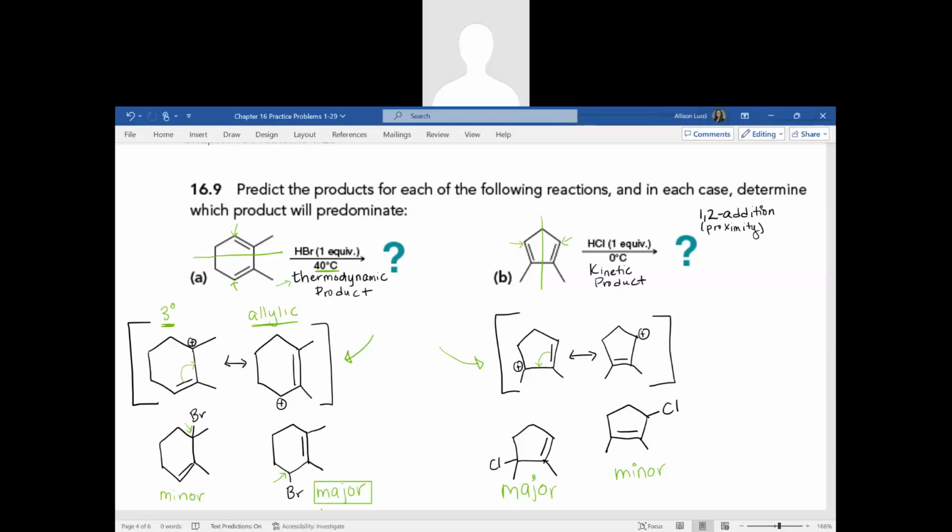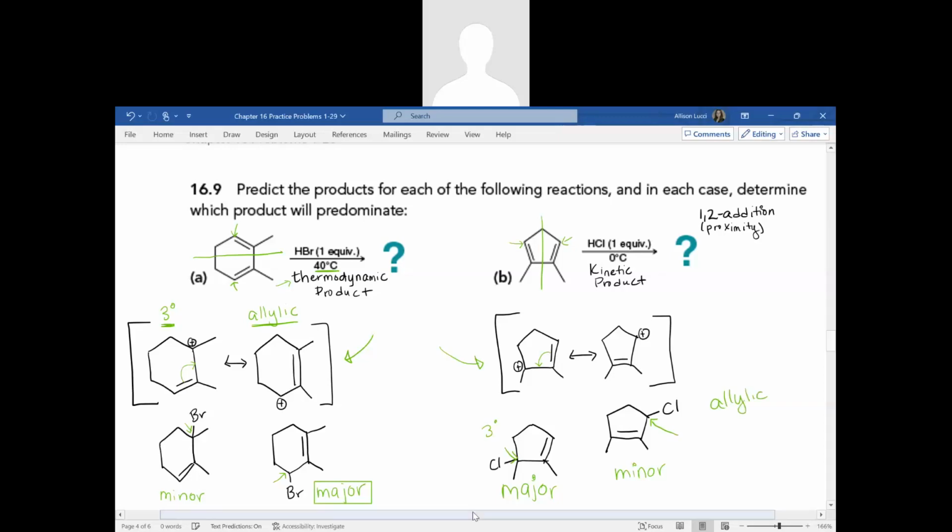We show the movement of the electrons to generate one structure from the other. And then we would have our nucleophilic attack either at this site over here on the left or at this site here. So again, we have a tertiary versus an allylic.